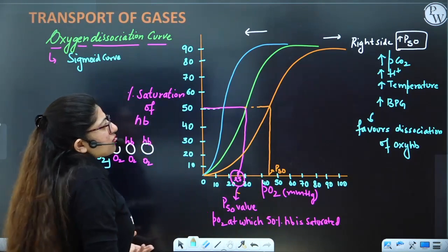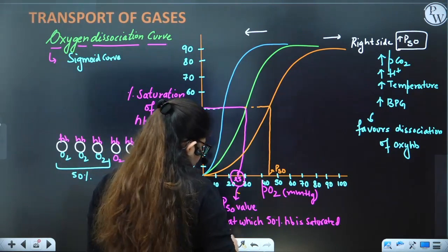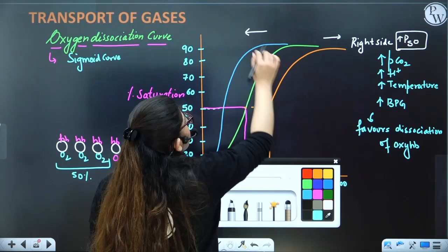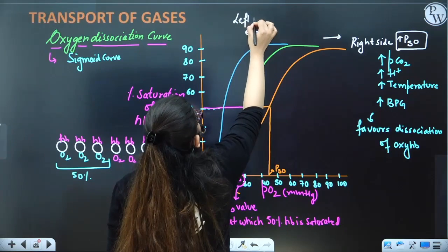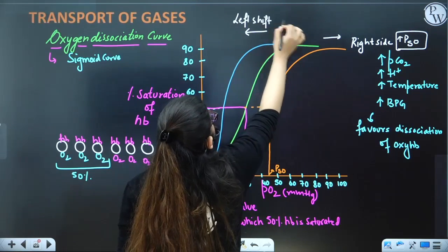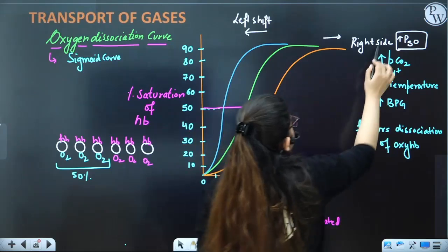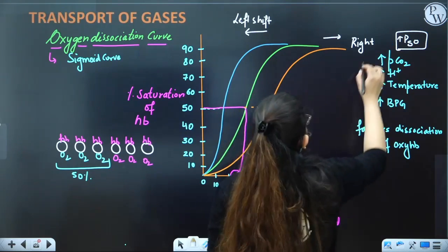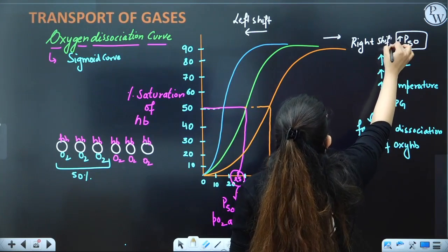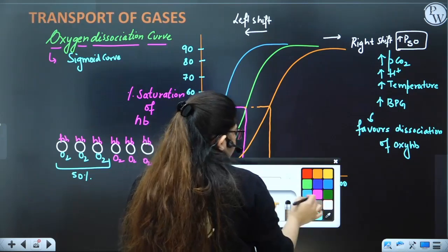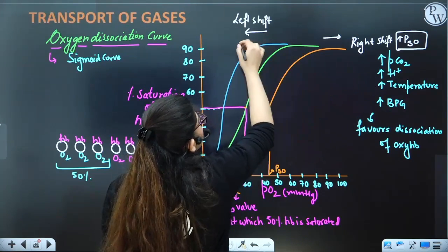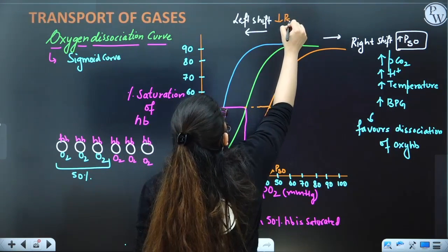But when all the conditions are good, that will cause left shift. If the opposite of this takes place, it's shift, not side. Maybe I have written this incorrectly. The shift. So what will happen during the left shift? As here the P50 is increasing, here there is decrease in P50.